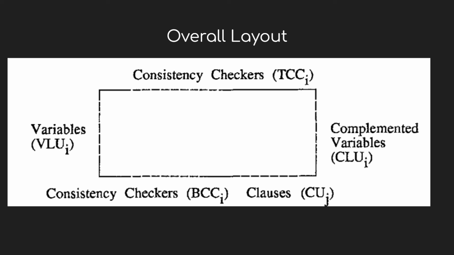And then the clauses are in the bottom right. Since there's a polynomial number of points in each of those structures, the total size of that structure will be polynomial.